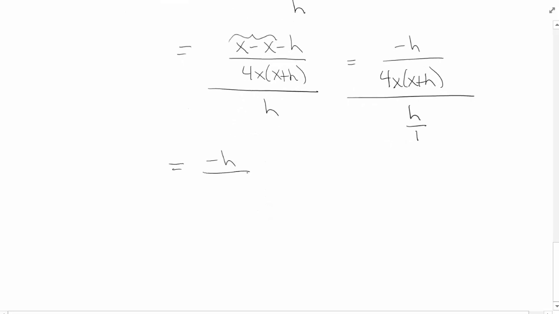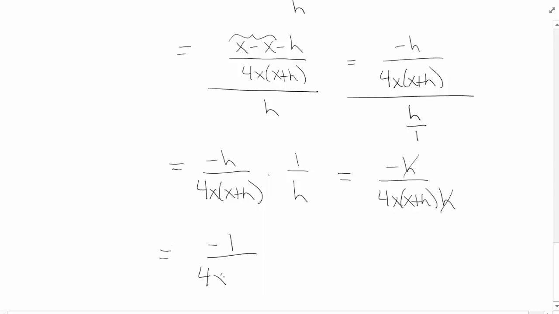So I have negative h over 4 times x plus h, and then multiply by the reciprocal, 1 over h. This looks like a negative h over 4 times x plus h, times that other h. Well, now things are multiplied, so I can cancel out this h with that h, and I'm left with minus 1 over 4 times x plus h.